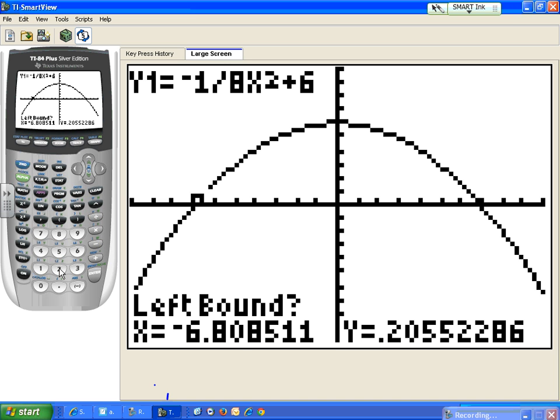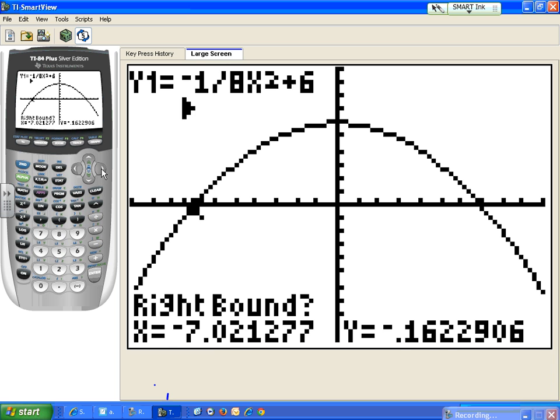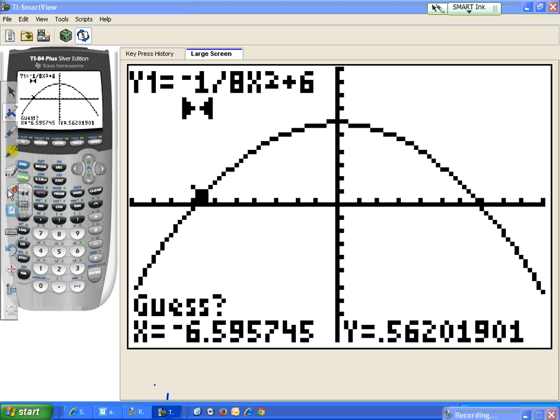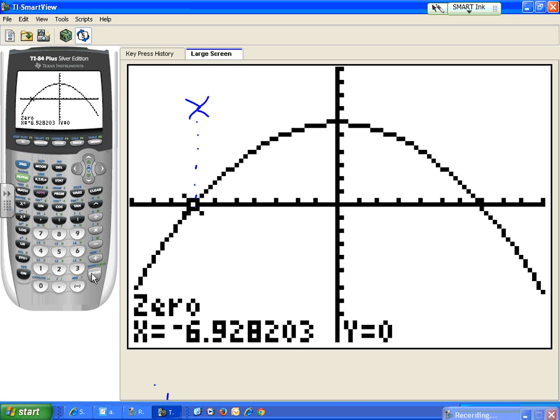It's the next intercept. I'm going to go just to the left of it, press enter. Just above it, to the right, press enter. Remember, we're looking for the arrows that are right here. They're going on either side of the point that we're looking for. And yes, we have negative 6.9.